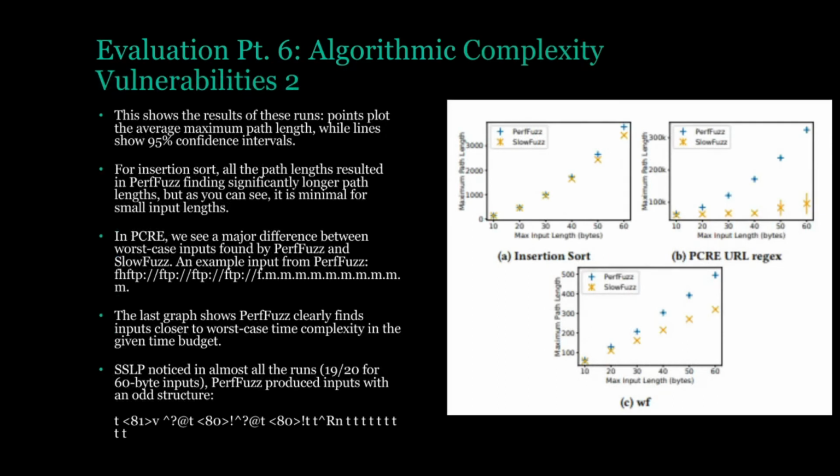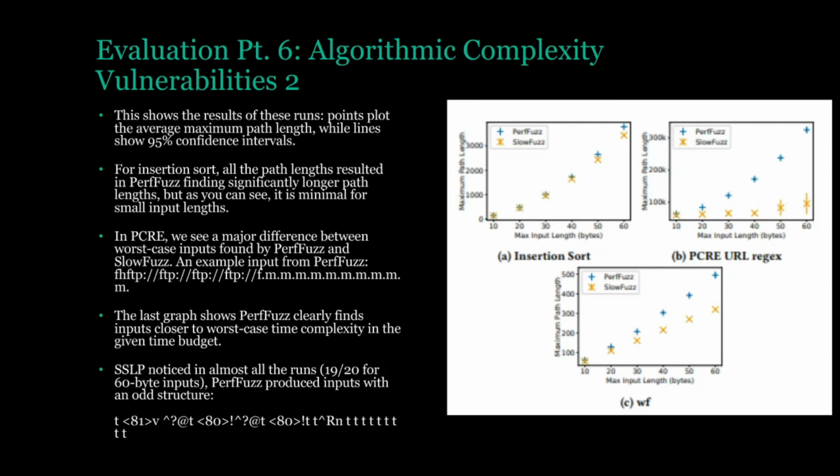This shows the points plotting the average maximum path length, while lines show 95% confidence intervals. For input lengths 10 and 20, for the insertion sort, PerfFuzz found the worst case would be a reverse sorted list, as mentioned earlier, while SlowFuzz put forward a non-zero variance in the results.